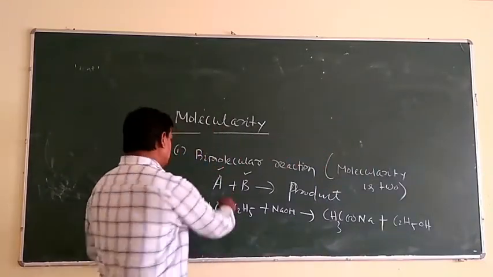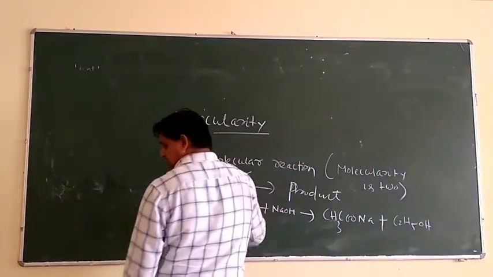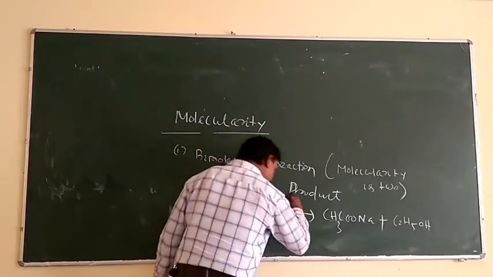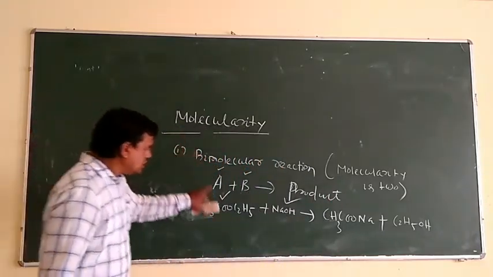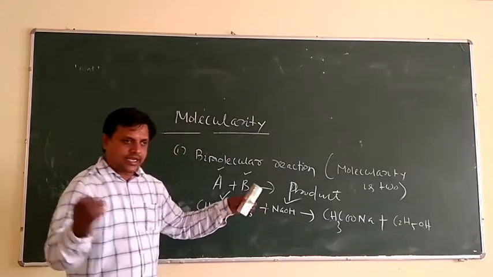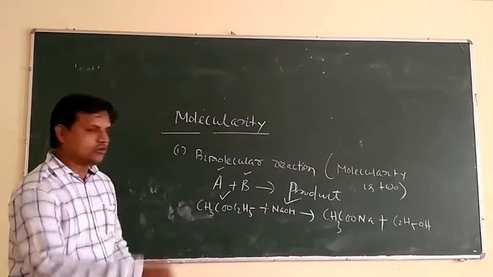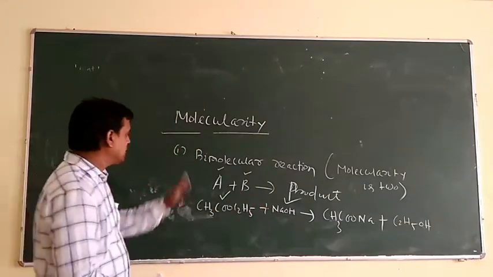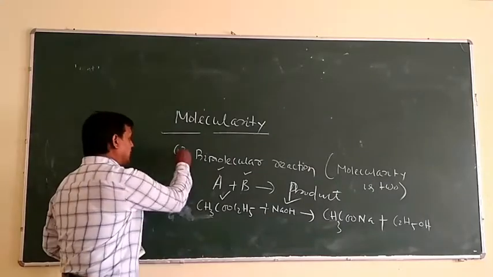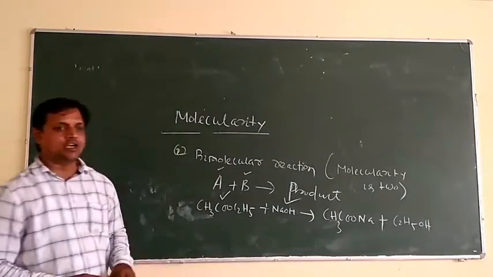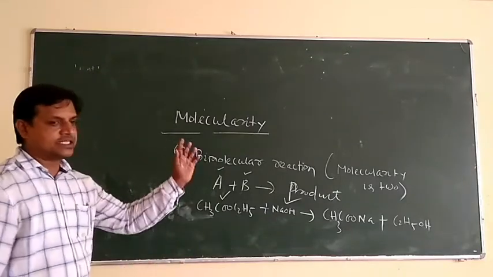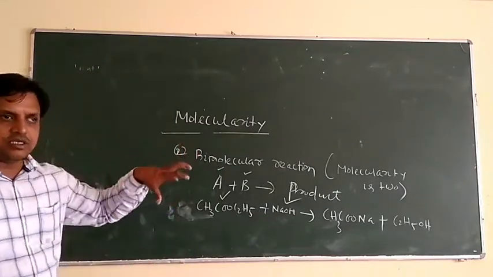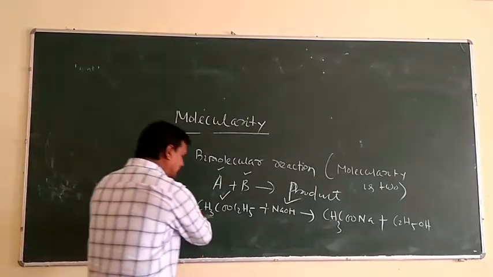We have taken one molecule of ester and one molecule of NaOH to form the product. So two molecules are colliding with each other, so molecularity is 2. It is a bimolecular reaction. Two molecules are participating in the rate of the reaction.